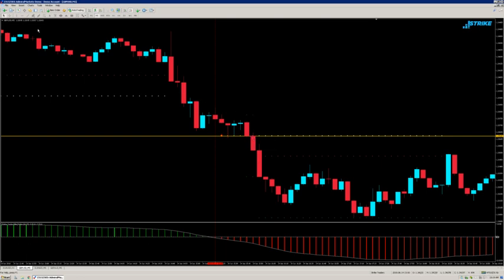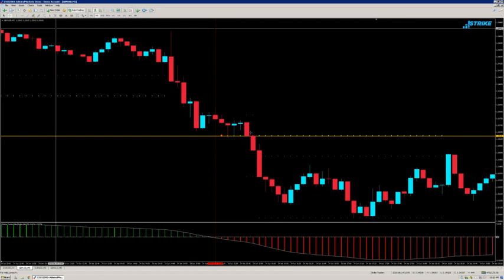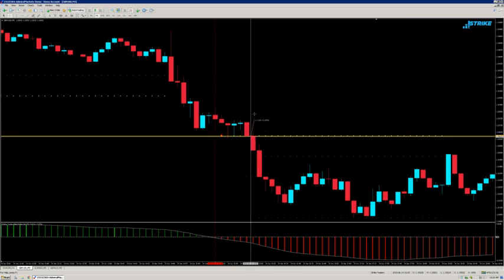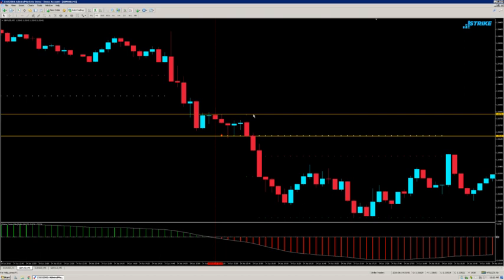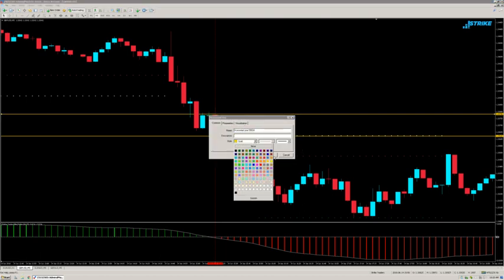It will also plot a red line, which you've got red dots for, which would be 15 pips away from the line, from your entry. So that would show up as a red line like so.